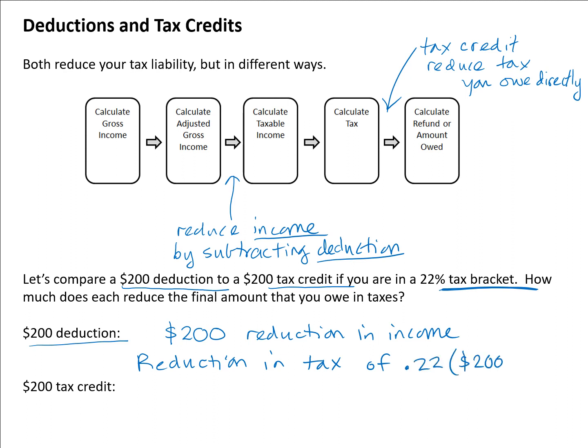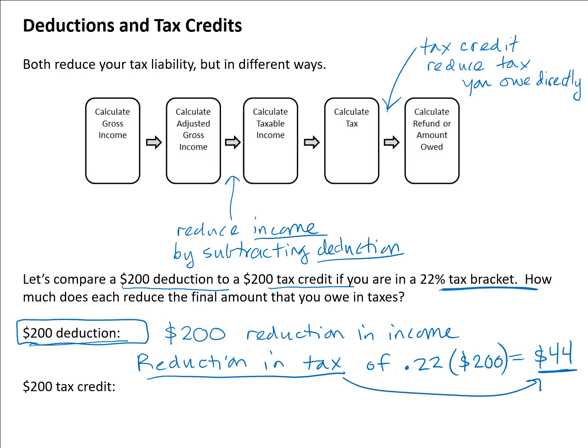So 22% of 200. If you calculate that, that ends up being $44. So your tax is reduced by $44 when you have a $200 tax deduction. Again, that's because the deduction is actually to your income. Even though we call it a tax deduction, it's actually a deduction of your income, which does result in a reduction of tax you pay, but it's not $200, it's $44 for a 22% tax bracket.